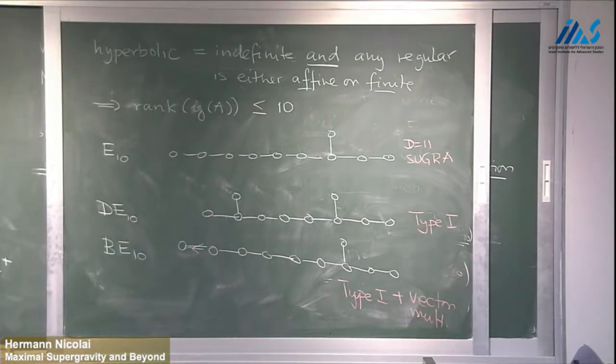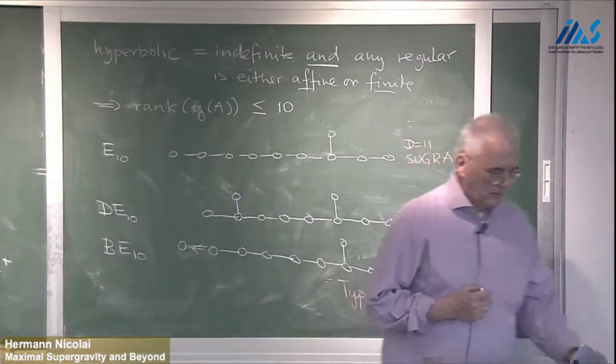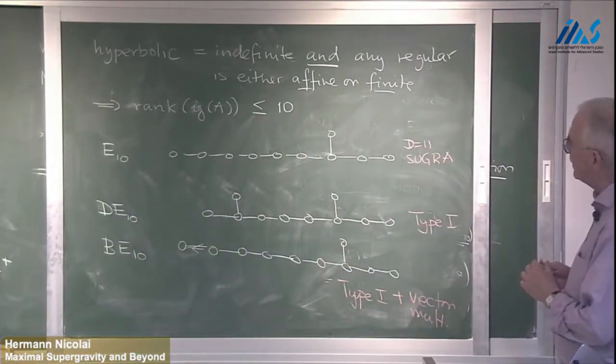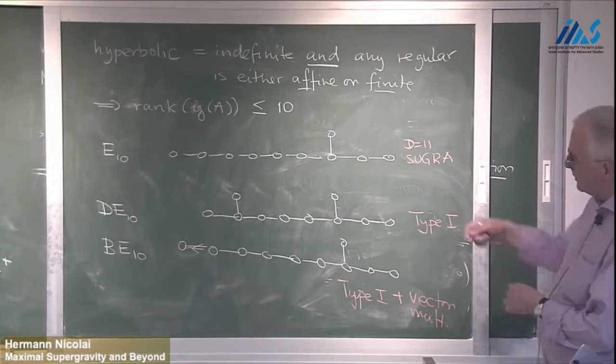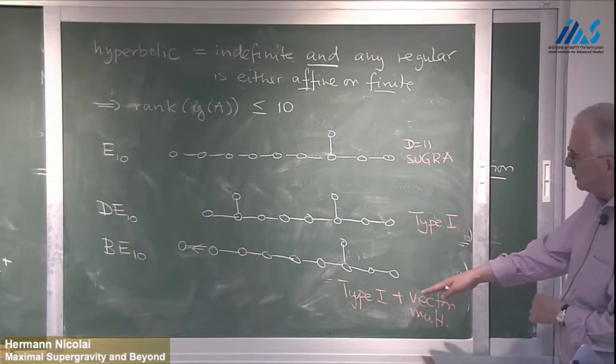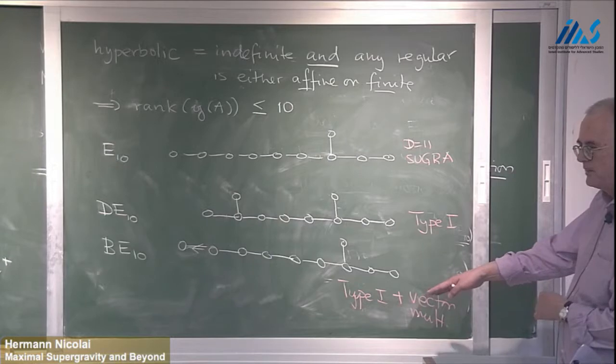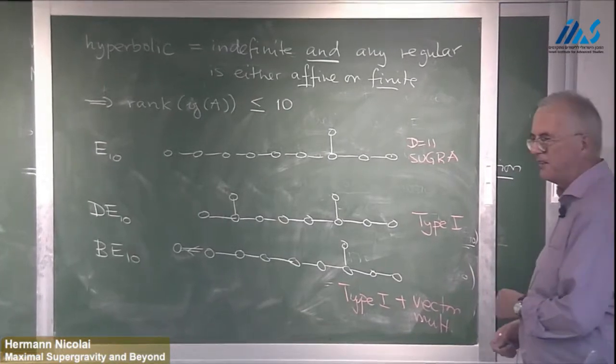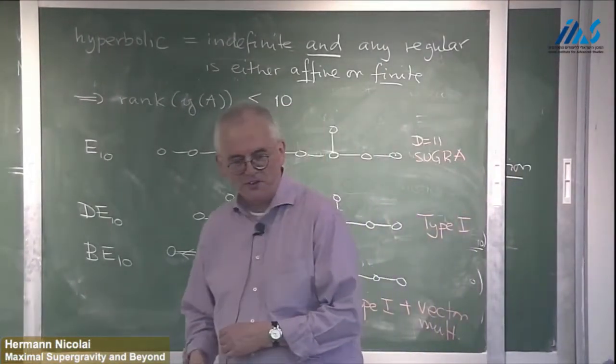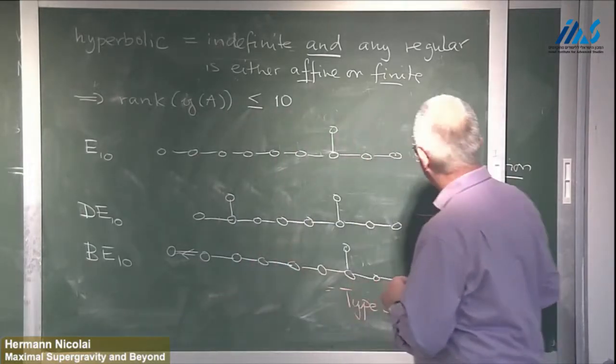Okay, so one way to see this, and here the hyperbolicity criterion is important. CE10 has the other arrow in the other way, but there we don't know whether there is some physical system with a CE10. Not quite sure. It's an open question.